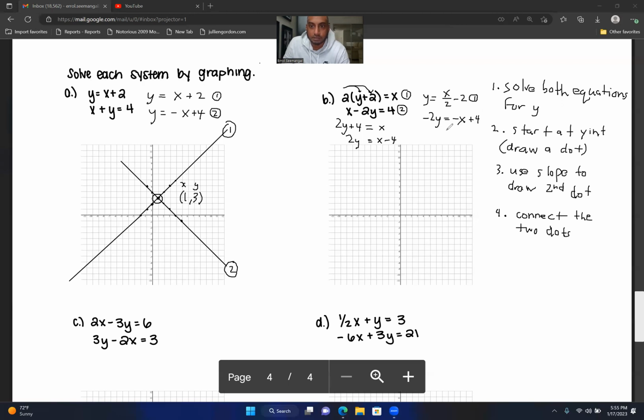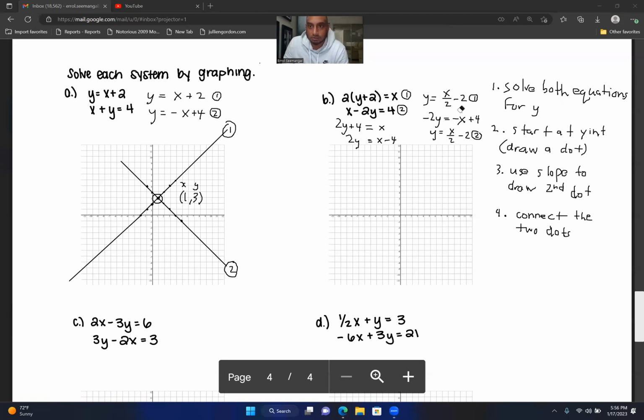Not add, but divide both sides by negative 2. Y equals negative over negative, which would be x over 2 minus 2. There's your equation 2. So we completed step 1 for both.